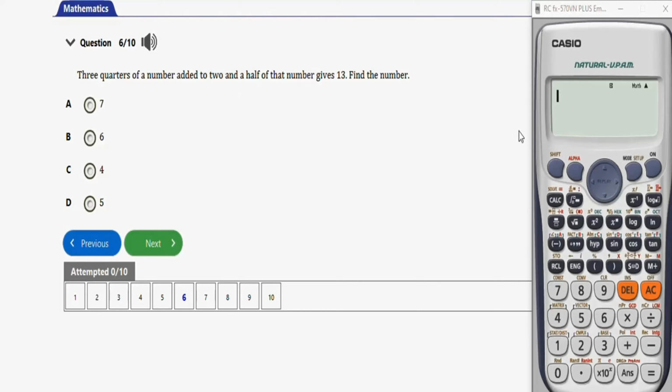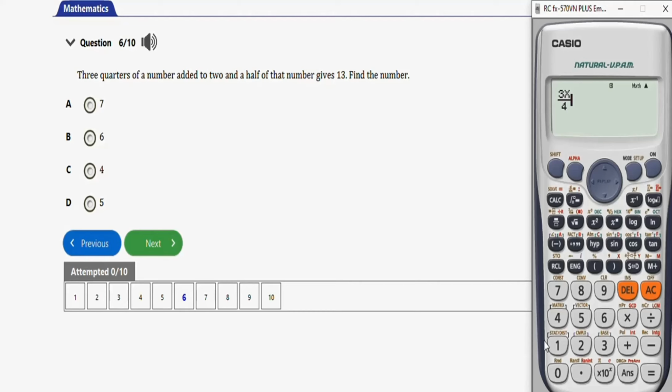So 3/4 of a number is 3 over 4 times x, which is 3x over 4. Then, 3/4 of a number added to 2 and a half of that number. 2 and a half is 2 and 1 over 2, and when you put it into an improper fraction, it gives you 5 over 2.